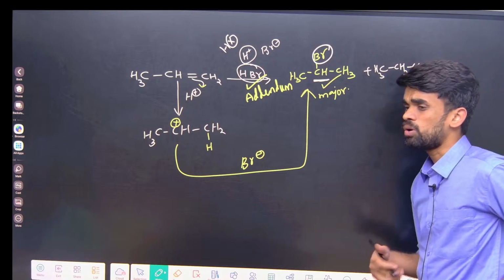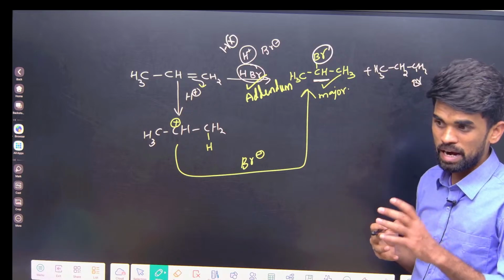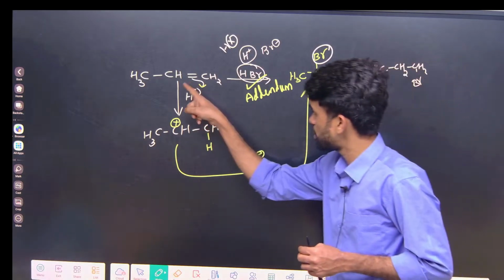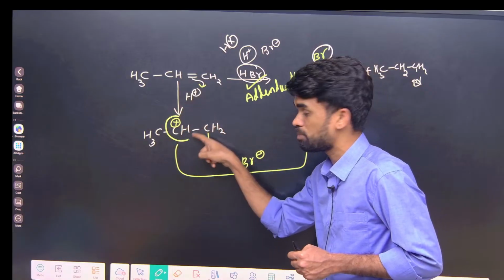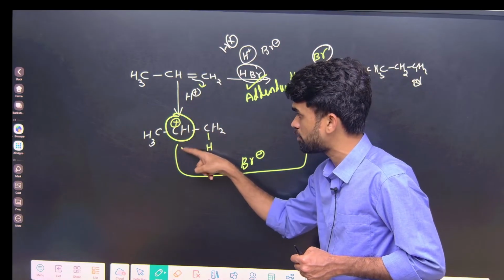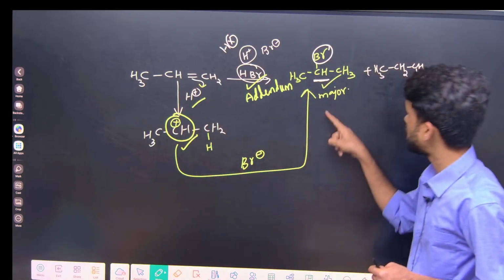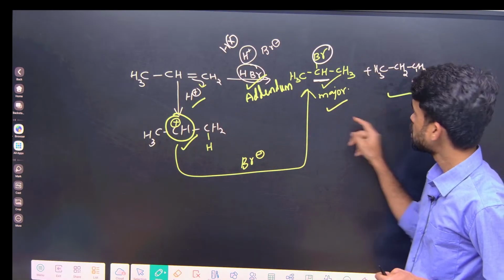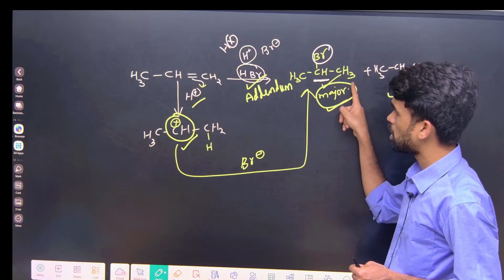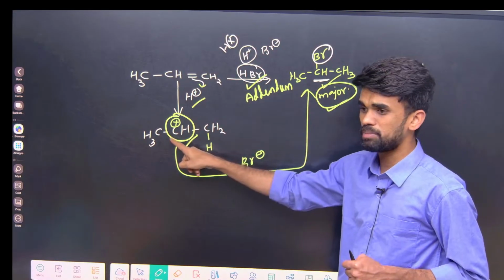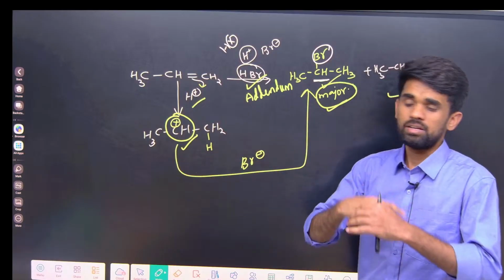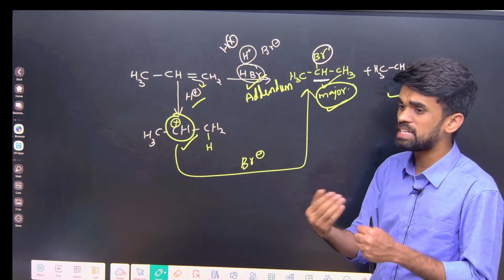Markovnikov rule. So see, we are not learning the concept by heart. What did we do? We got the stability of carbocation. Based on the stability of carbocation, we got our intermediate after adding H plus. From that only we are making the major product and minor product. Now there is a scientist who generalized a statement.